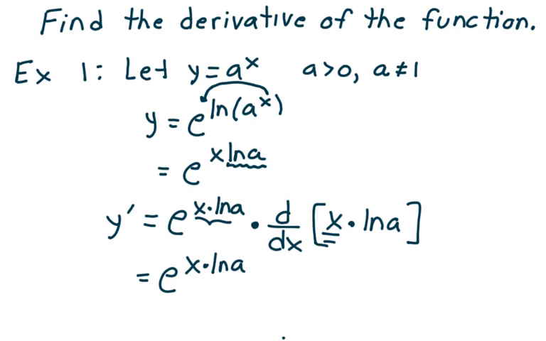Remember that the derivative of x is 1, and so you're left with just natural log of a. But remember, e to the x times ln a is just a to the x. And so therefore, y prime is a to the x times ln a.